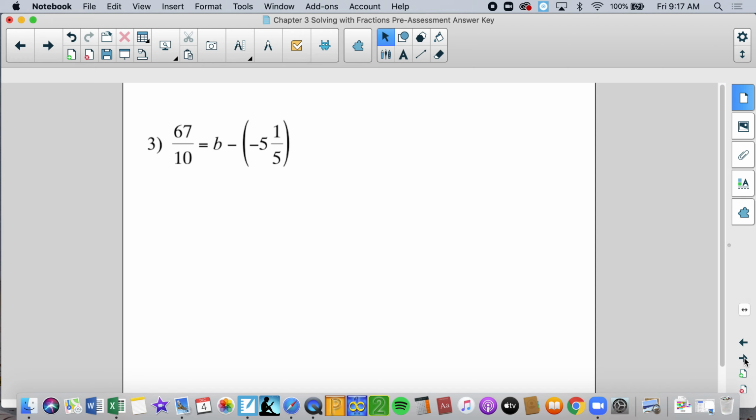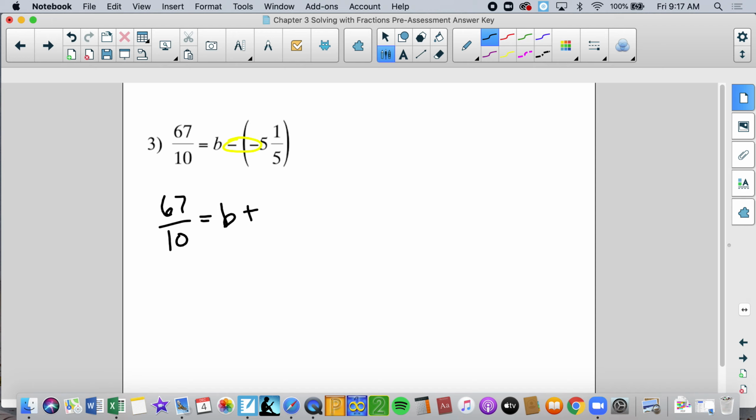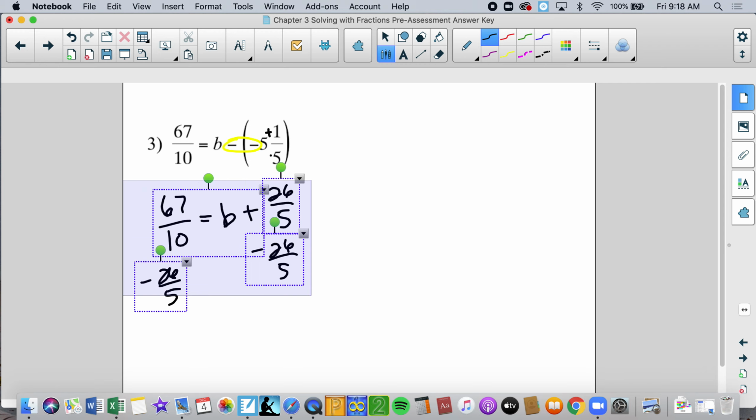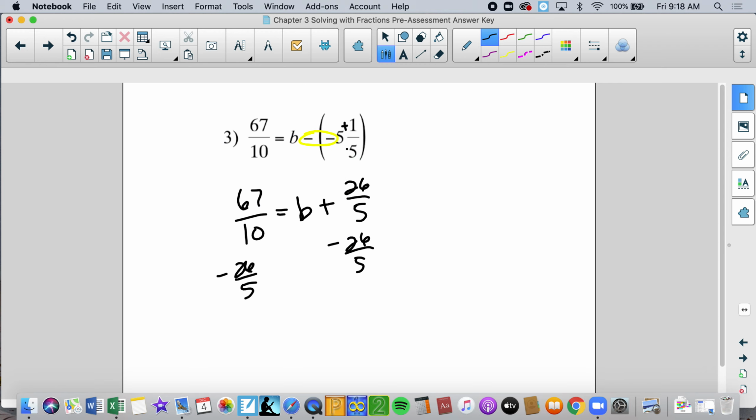Still one step, when we have double signs, we always want to combine those, and we're going to convert that mixed number to an improper. So you have 67/10 equals b plus 5 times 5 plus 1 is 26/5. We're going to subtract 26/5. Subtract 26/5. Let's move all this over a little bit.